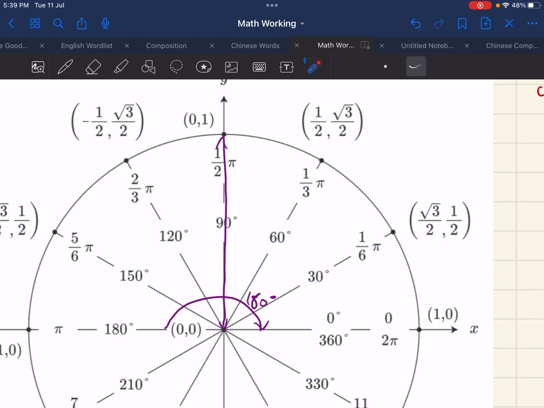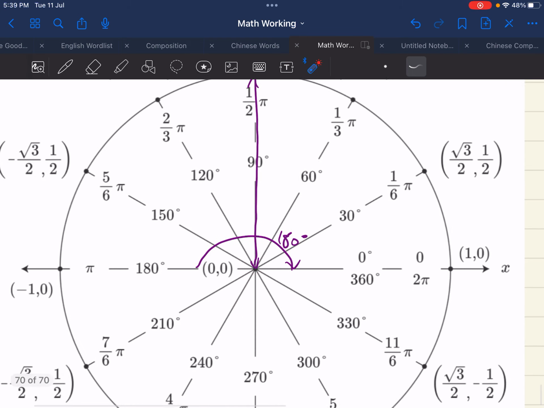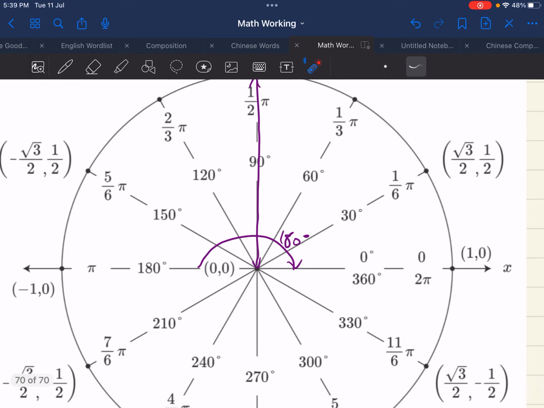This length here is the same as this length. And this point here is the origin, or the center of the circle in this case. It's basically the center, so no matter what to the sides, these lengths are all the same.